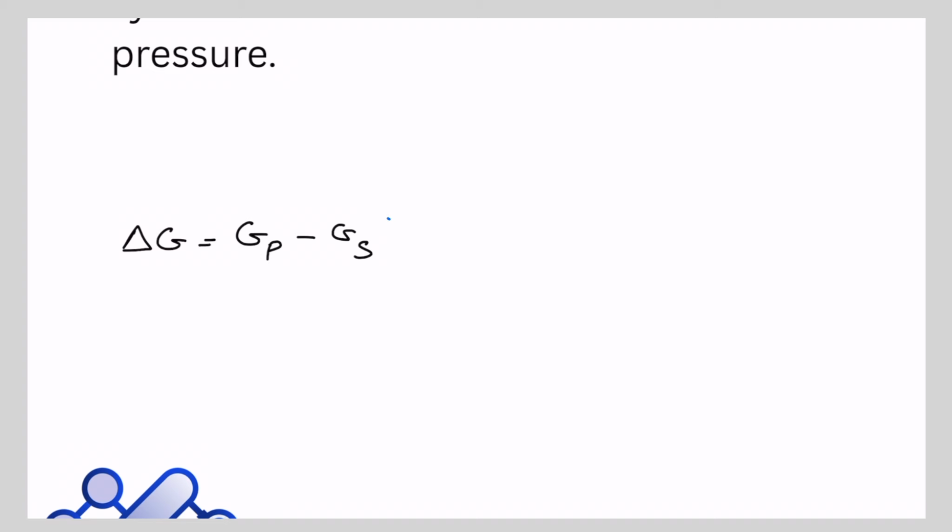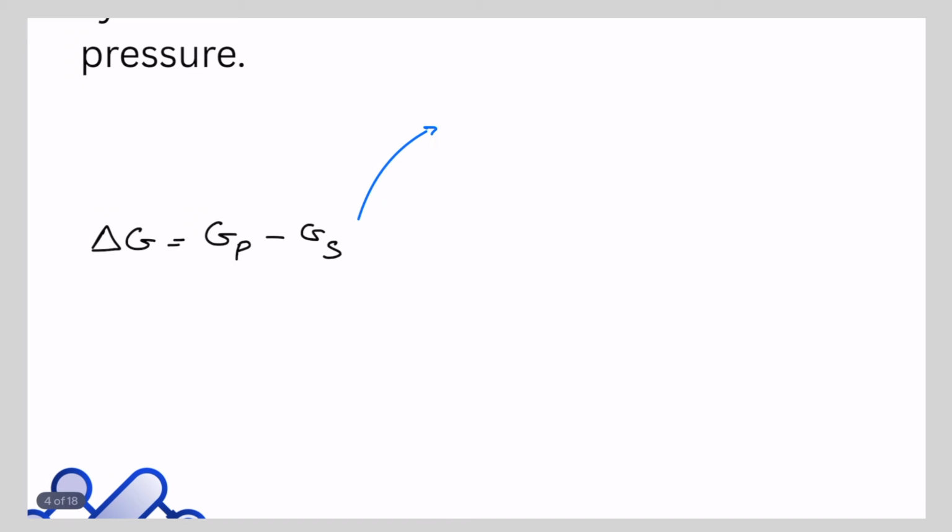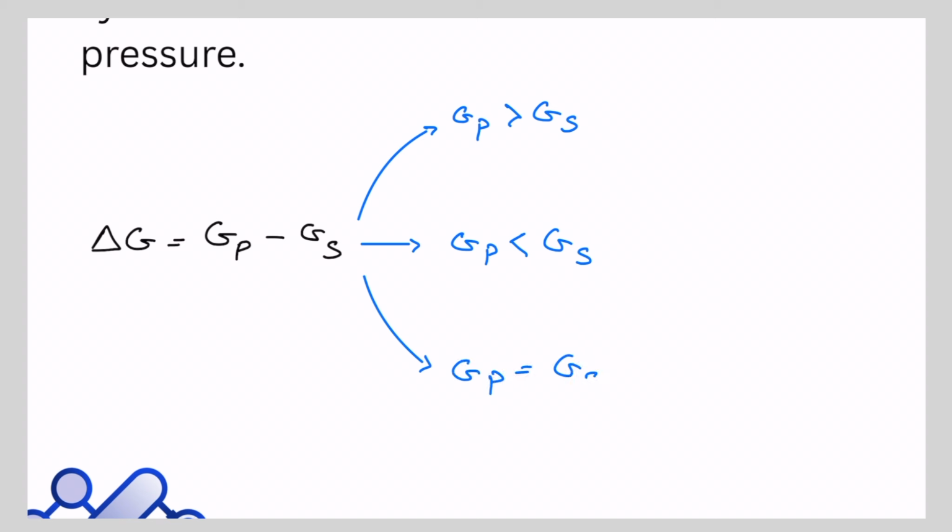The first is if the energy of your product is more than the energy of your substrate. The second is if the energy of your product is less than the energy of your substrate. And the last is where the energy of your product is equal to the energy of your substrate.